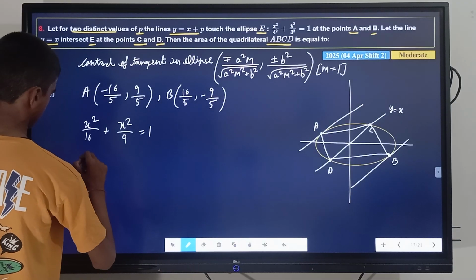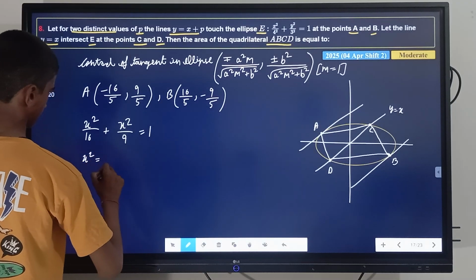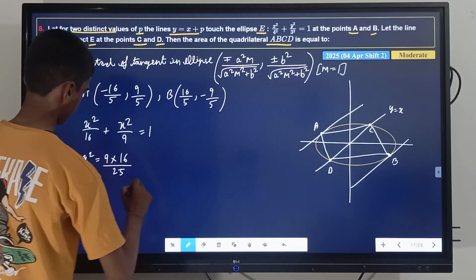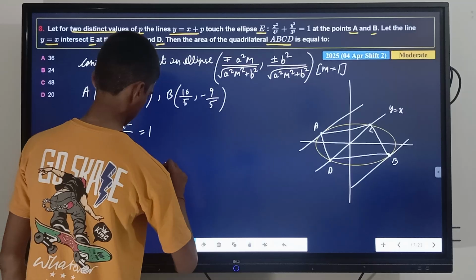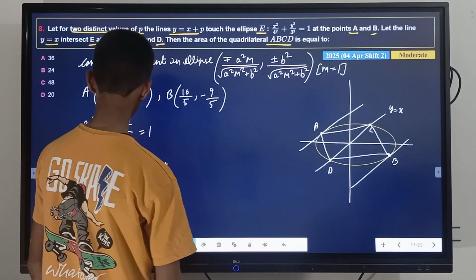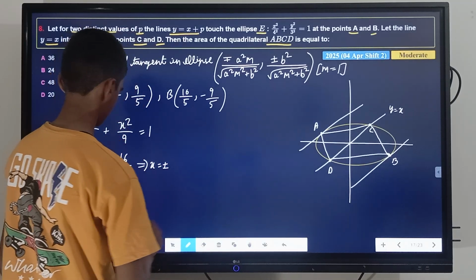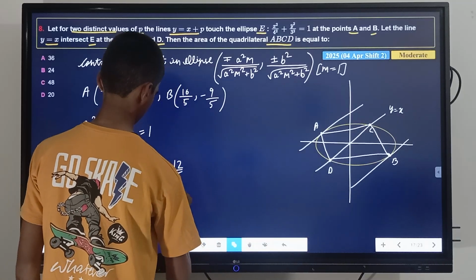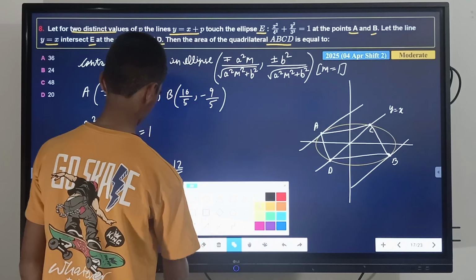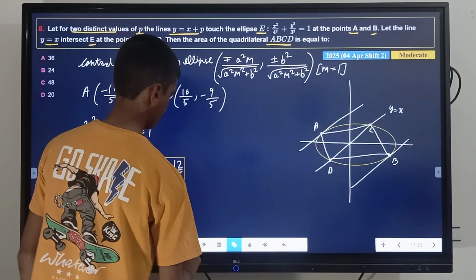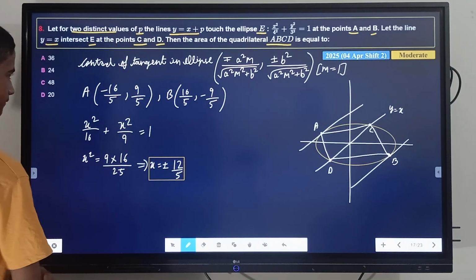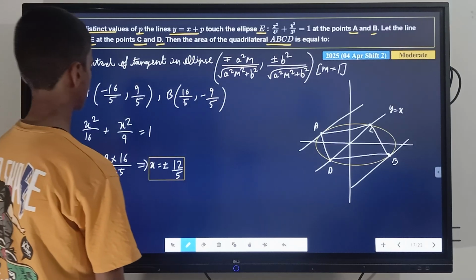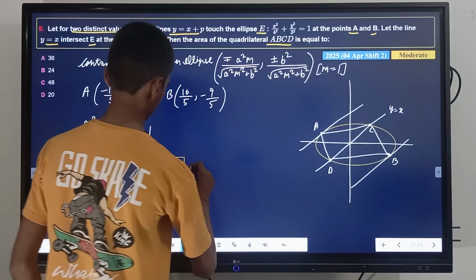From here we will get x square is equal to 9 into 16 upon 25, so x is equal to plus minus 12 upon 5.